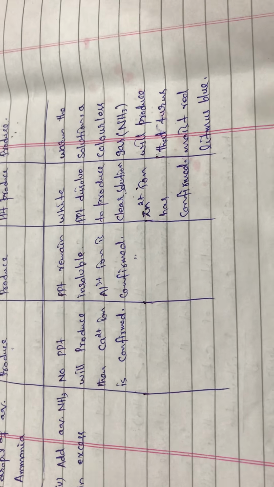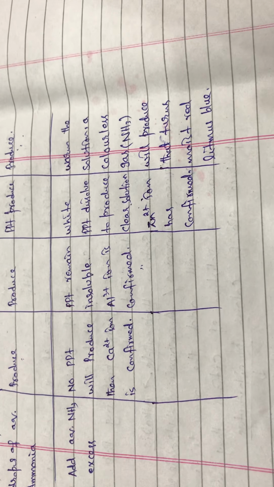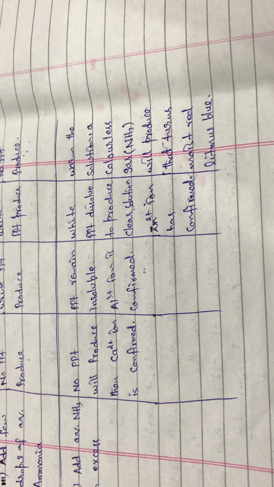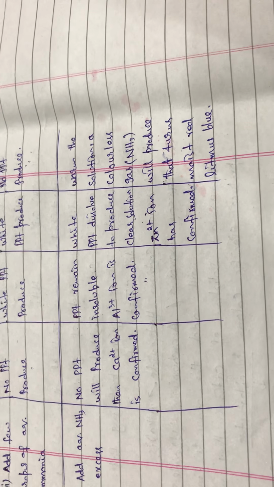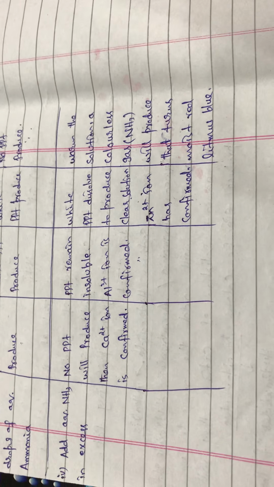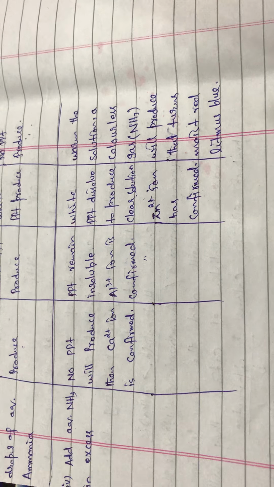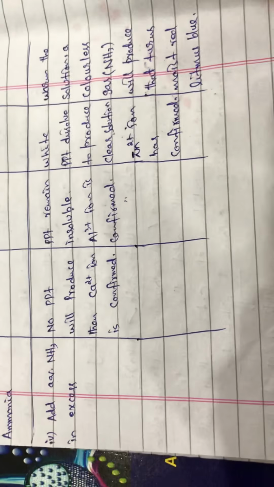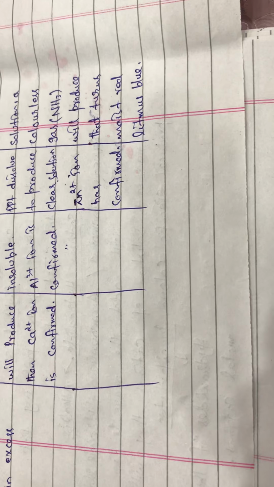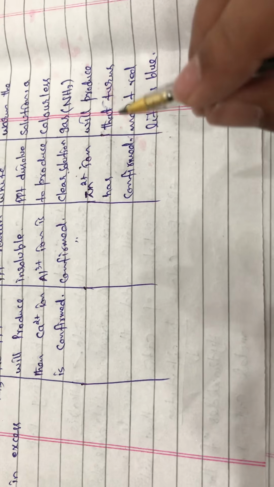Before the start of writing these identifications and these results, I told you that the precipitates that will produce will be the result of the formation of hydroxides of these ions, means calcium ion, aluminium ion, or zinc ion, or ammonium ion. So basically the reaction that occurs between the sodium hydroxide and the ion is only the reaction between the hydroxide ion and the calcium ion.